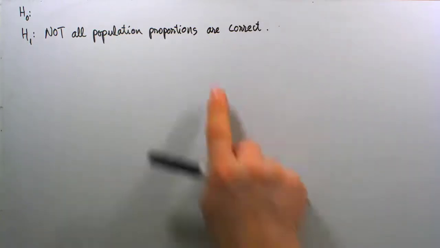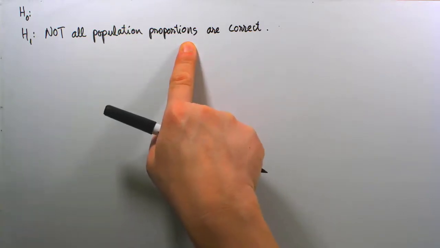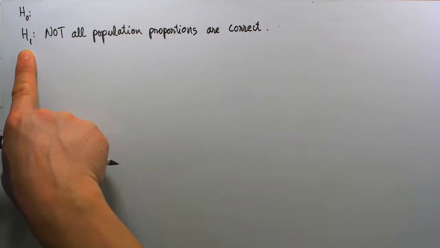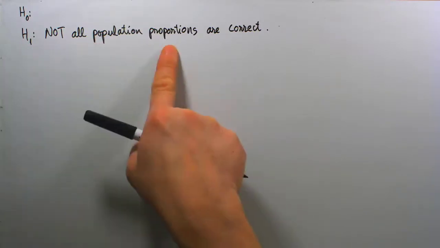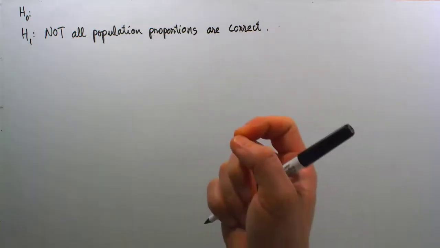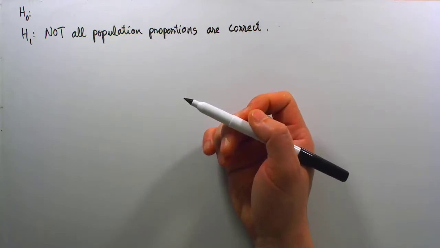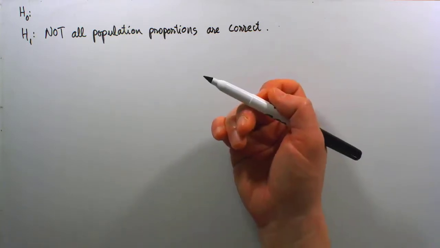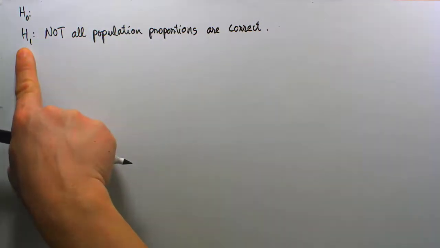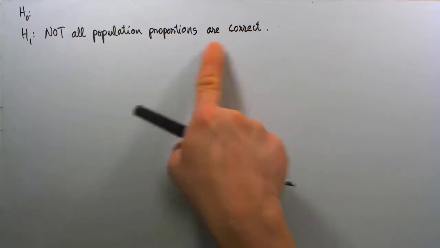And allow me to skip the word claimed here. Of course, these population proportions are claimed. So that's what H1, the alternative hypothesis, is saying. Not all population proportions are correct. So some of those among the population proportions being listed in that column you have seen in the table must be incorrect.